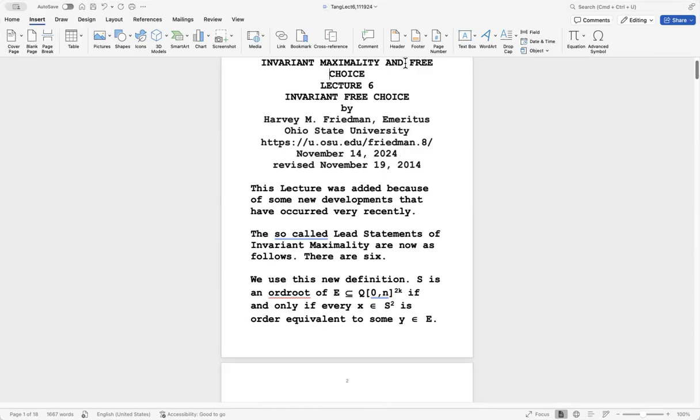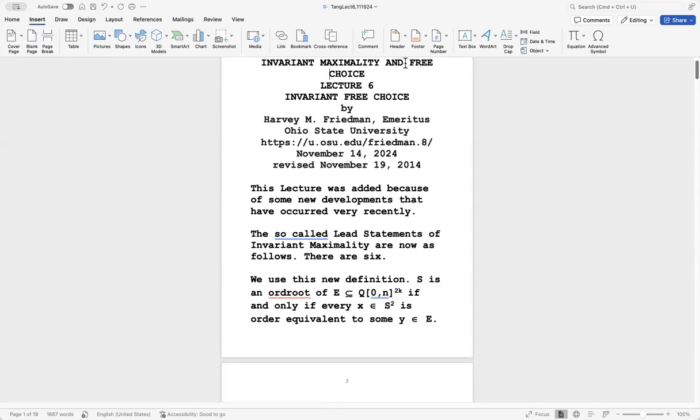And then starting in lecture 7, the next lecture, we're going to spend many lectures on the reversal. The reversal is an invariant maximality, but that will automatically reverse the key statements in free choice, because the key statements in free choice will imply invariant maximality in RCA naught.